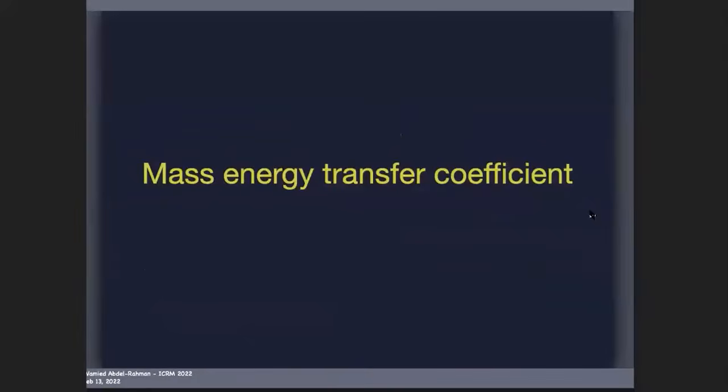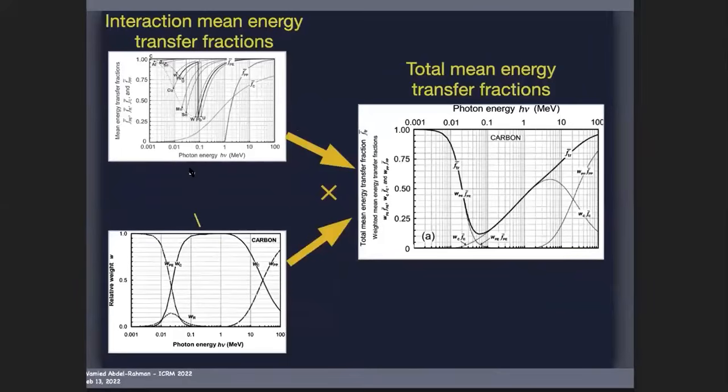The mass energy transfer coefficient is basically we take the energy transfers from the different interactions and, using the weights of these interactions, join them with the mass attenuation coefficient to get a curve that is the mass energy transfer coefficient.